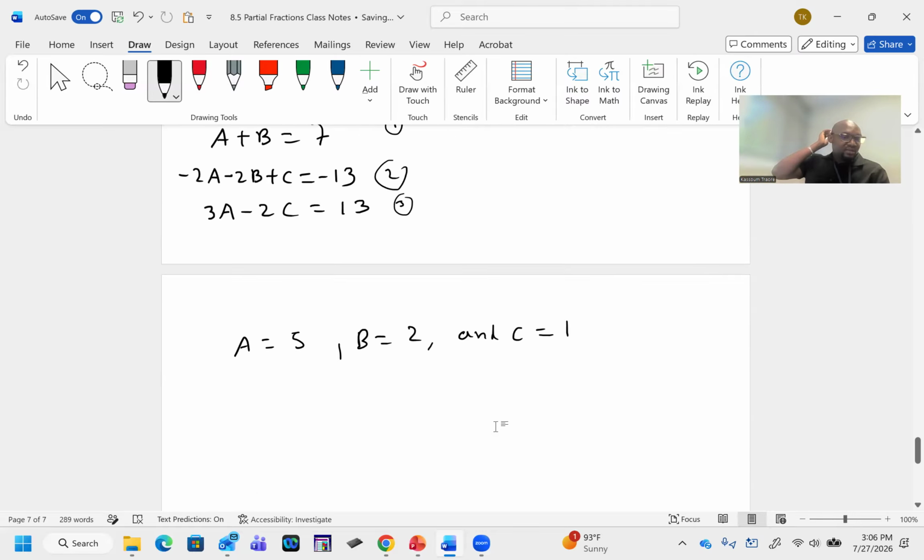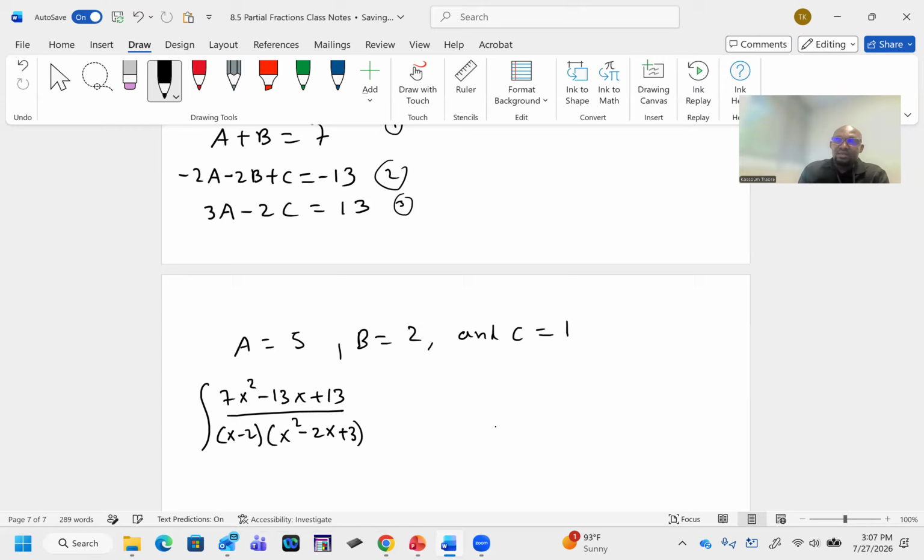So which means to integrate 7x squared minus 13x plus 13 divided by x minus 2 times x squared minus 2x plus 3 dx, it will be what?